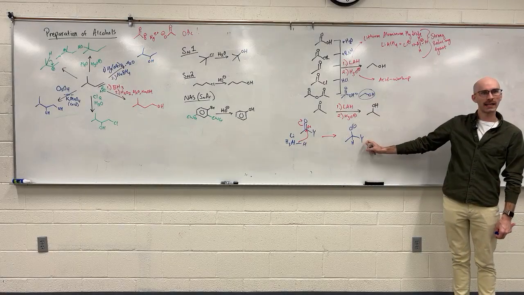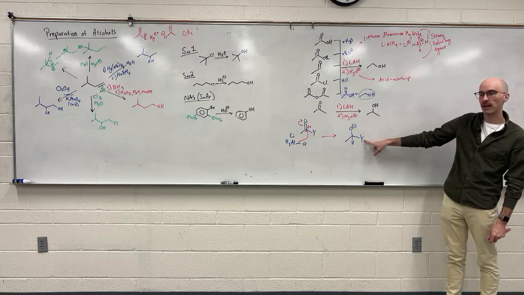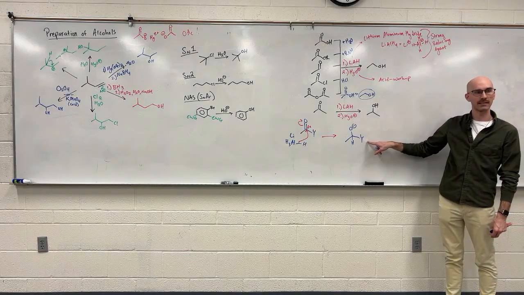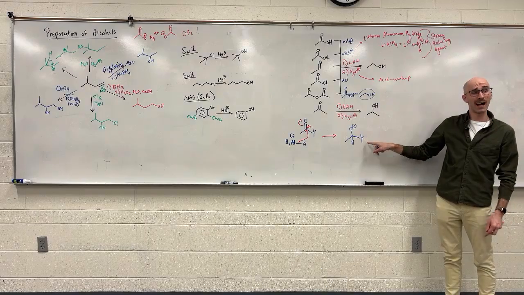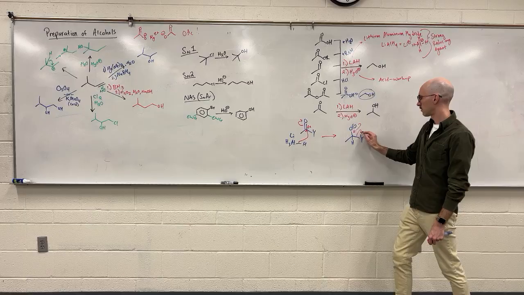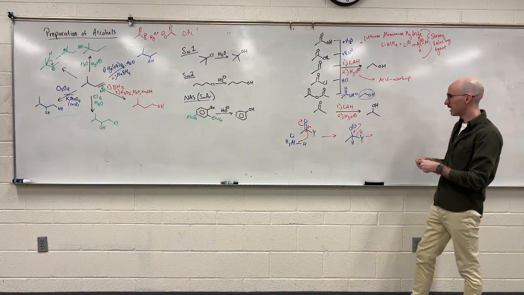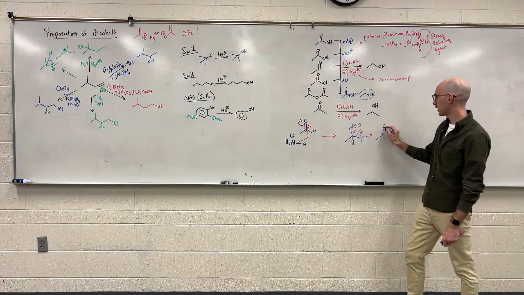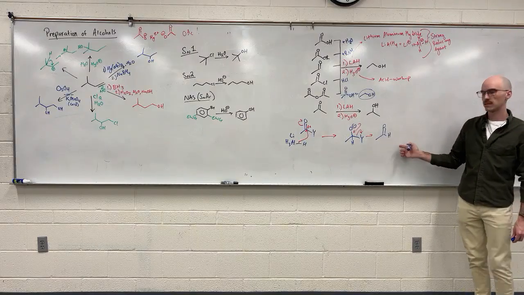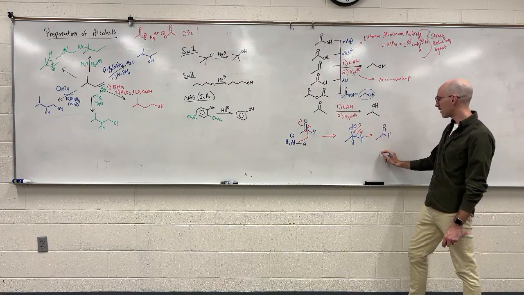Depending on what Y is, if this is my carboxylic acid, if this is my ester, if this is my anhydride, my acid chloride, sometimes Y falls off. And it leaves me with, well, would you look at that? An aldehyde, which goes through the same process.